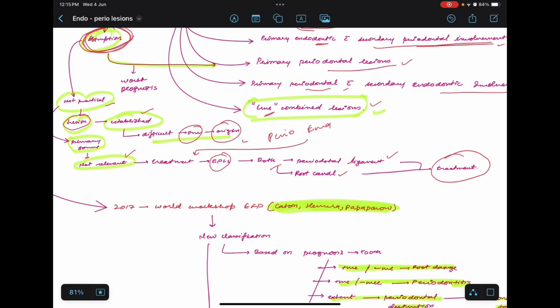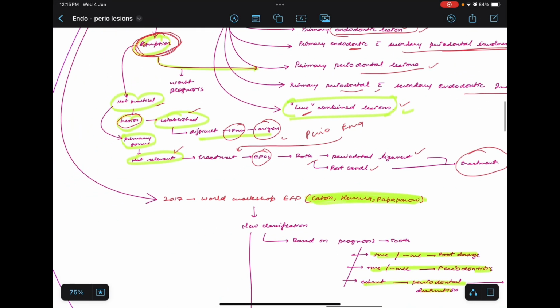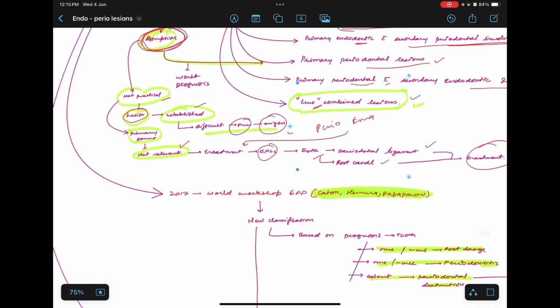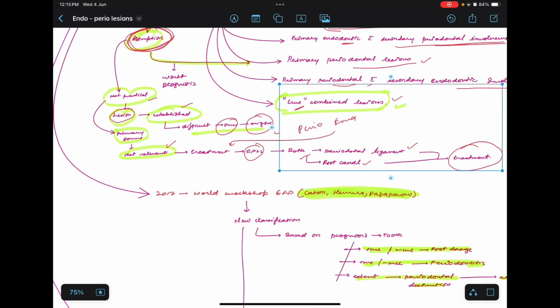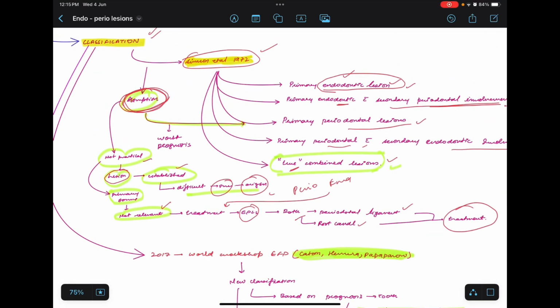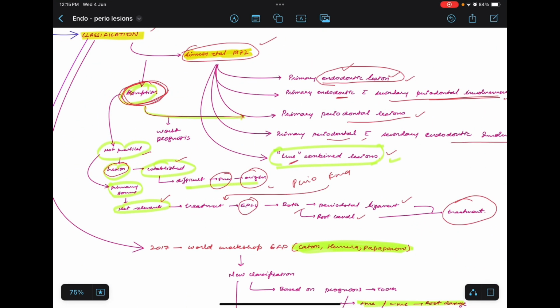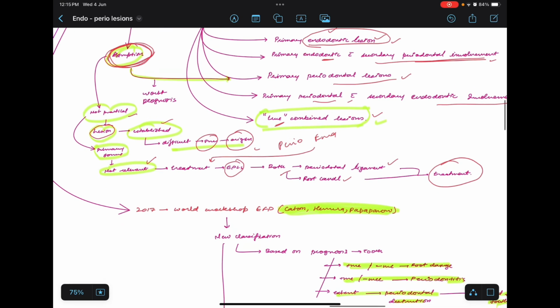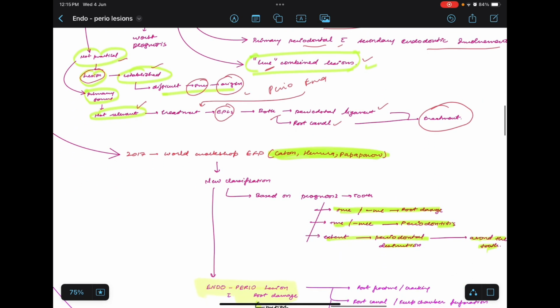Even if the periodontal ligament is the culprit, you will have to treat the root canal regardless. It goes without saying. So these were the reasons why this was not followed later, but of course many clinicians do follow it, and that's okay. That's up to them.